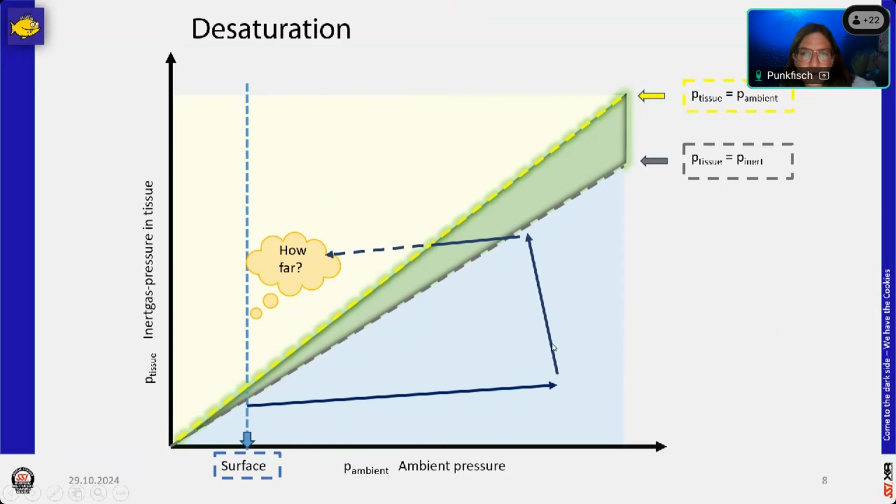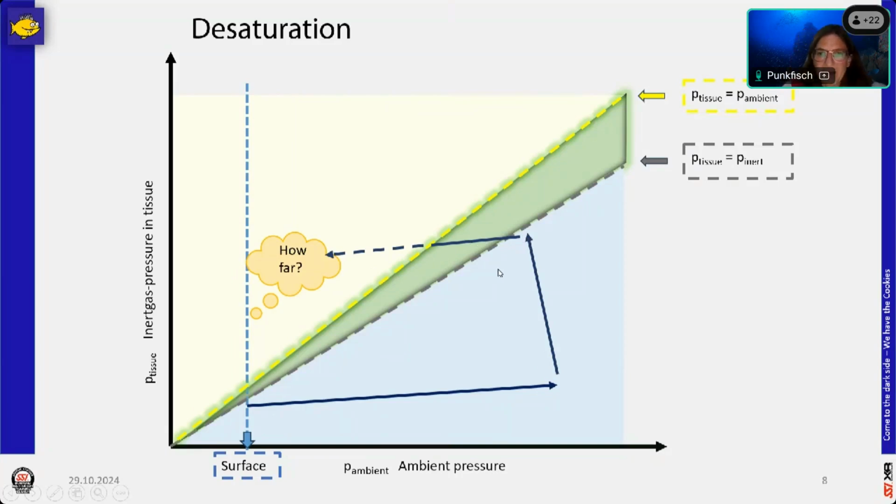We do a nice profile, so we reach our deepest point in the beginning, and then go slightly up, a tiny little bit, but we are still saturating. And then at some moment we decide, okay, from here we start our ascent. So we go back into an area with a lower ambient pressure. We go up.